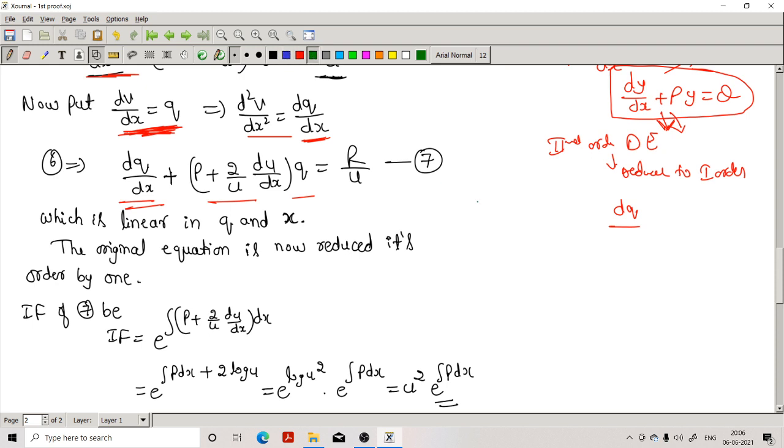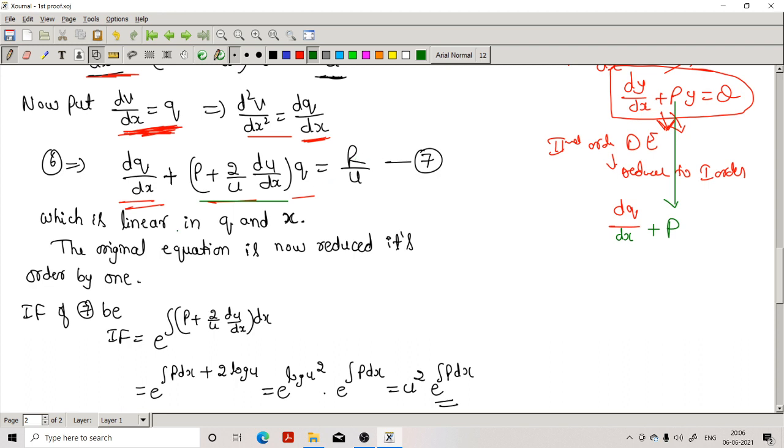Must remember this is a small q, dq by dx plus these terms, these are all functions of x, like p itself, because p is a function of x, u is again a function of x, and r is again a function of x. We have already taken p, q as functions of x, u is a function of x, therefore r by u is also a function of x.